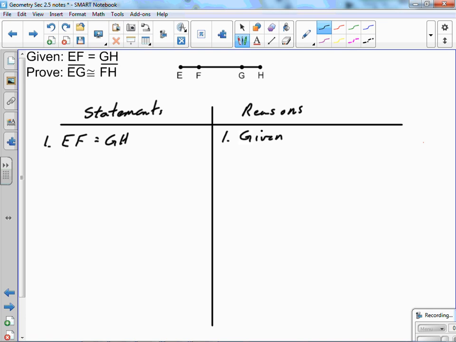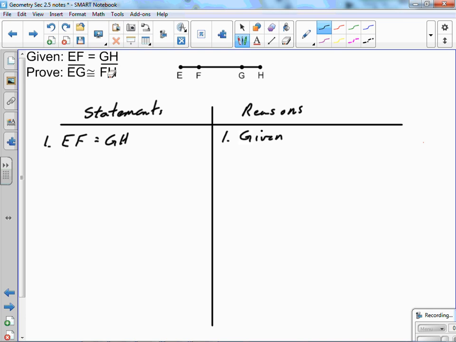Now we need to work from there to proving that segment EG and segment FH are congruent. So EF and GH, those are the same length. To make those two bigger segments, EG and FH, we're taking the EF that they gave us and adding FG to it, and taking the GH they gave us on the other side and adding FG to it.